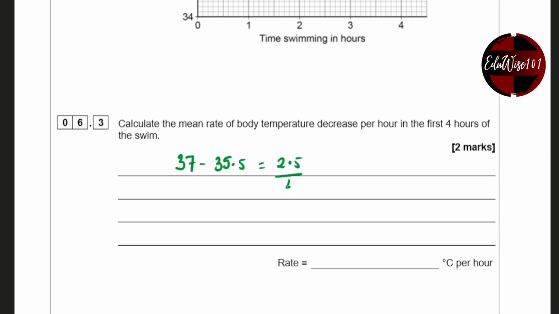So if you divide that by 4, you get 0.375 degrees Celsius per hour. Is it 2.5 or 1.5? It is 1.5 here. Sorry, that's a mistake. So that one was 1.5.